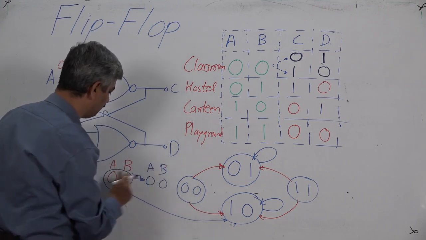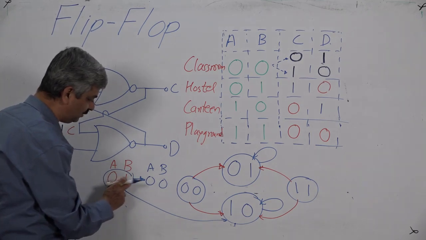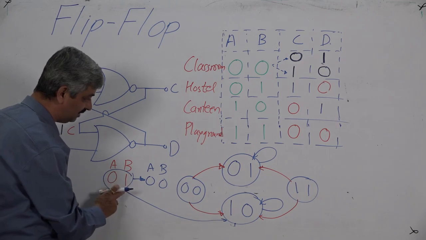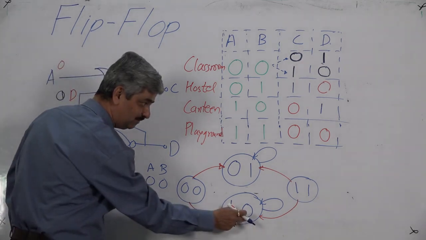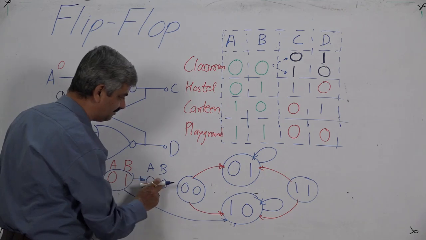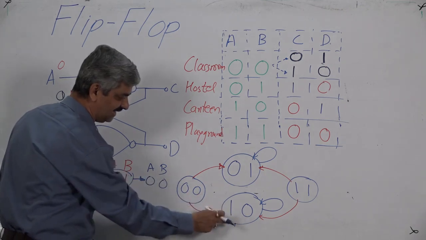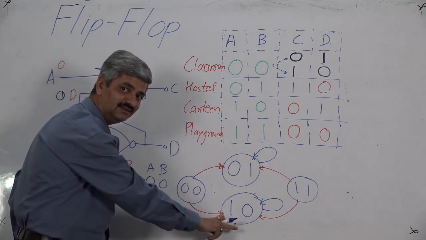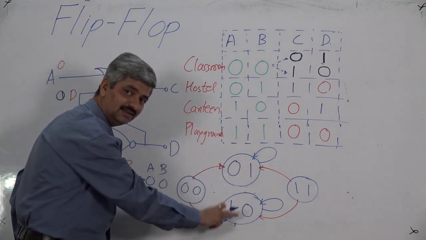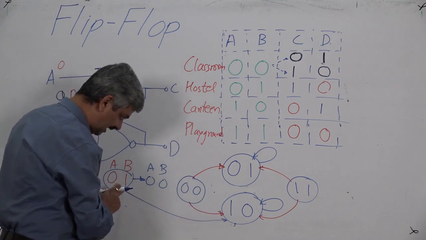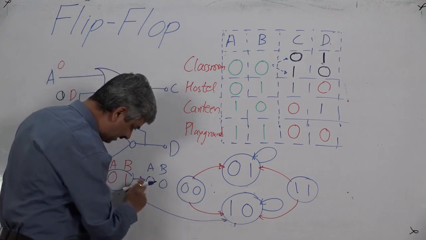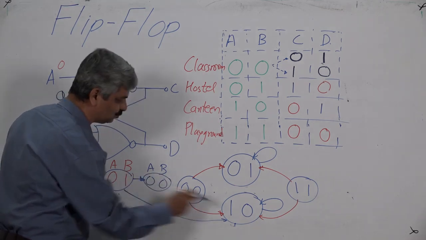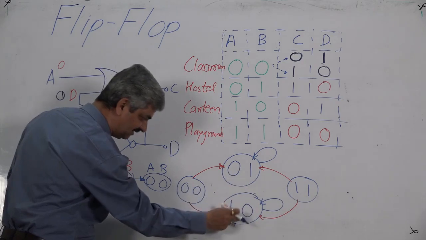So if you move from A 0, B 1 to A 0, B 0, when A was 1 and B was 0, C was 1 and D was 0, when A and B become 0, 0, in the state transition diagram 1, 0 is a stable state, so that state will remain. You were here prior to AB 0, 0, AB was 0, 1, so CD was this and CD will remain this.